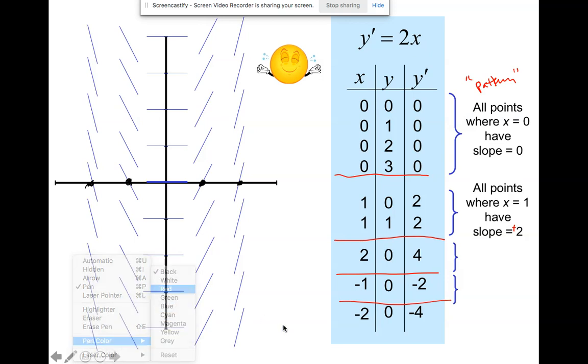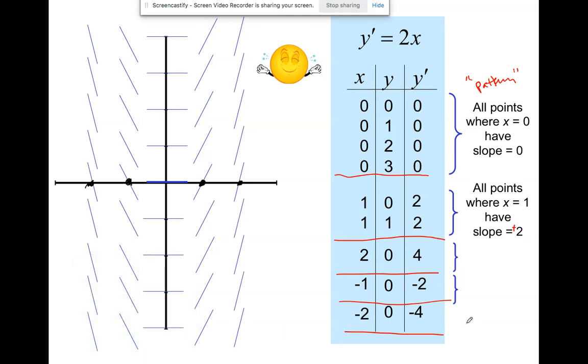So here are some things that I might say about my slope field. If I'm asked to interpret, not only am I going to chunk here, but I might say all the way here, what's my pattern? My pattern are all the points where x is equal to 0, I have a horizontal tangent. As x moves from 1 to 2 and then to 3 and 4, what's happening to the slopes?